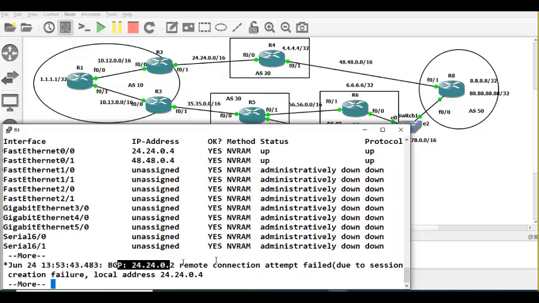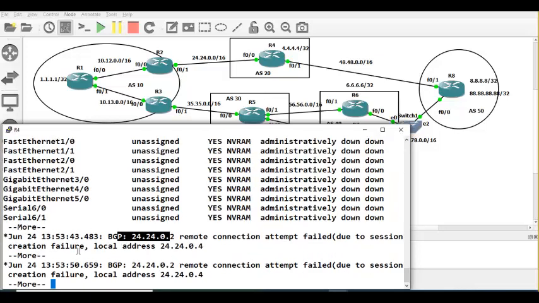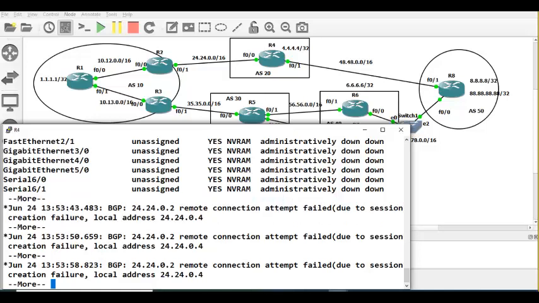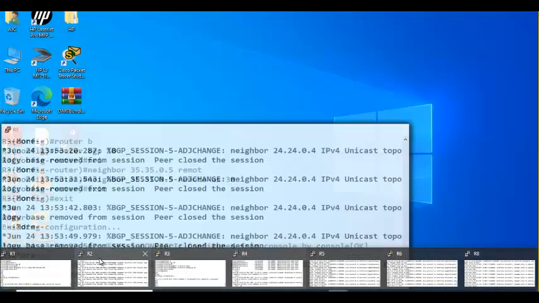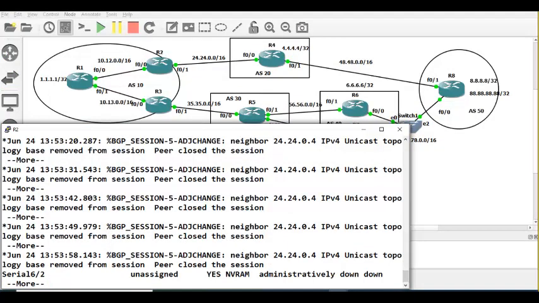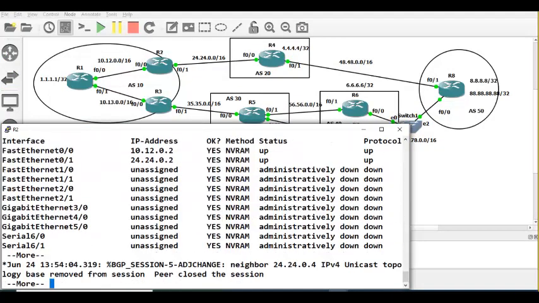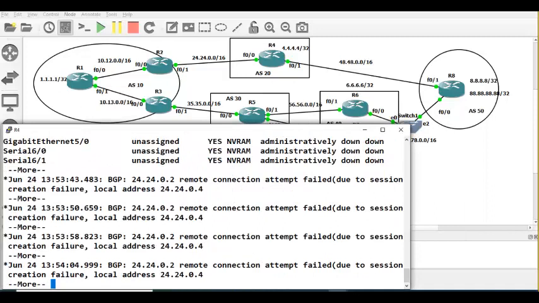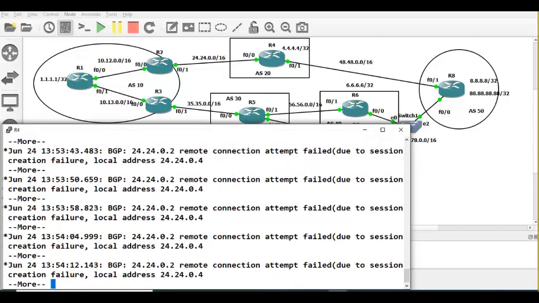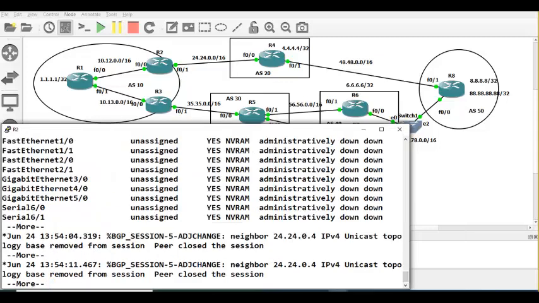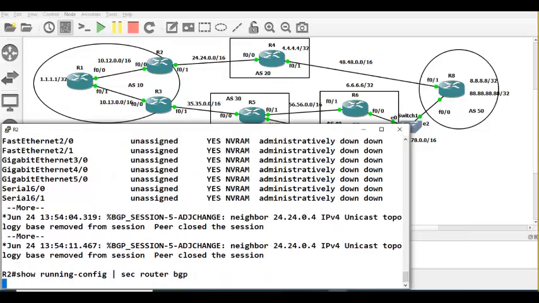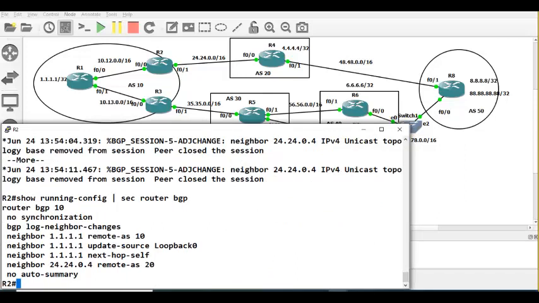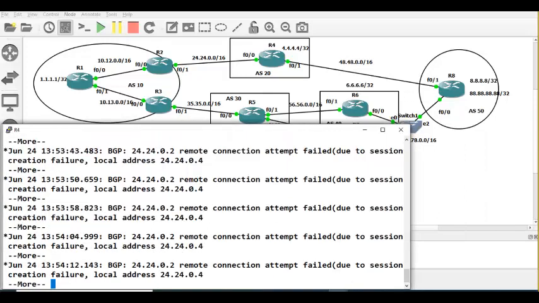BGP 24.0.4 remote connection attempt failed due to session creation failure. Local address is 24.0.0.4. So what? No, not necessary. 24.0.4, 24.0.2. Local is 24.0.4. That's right.